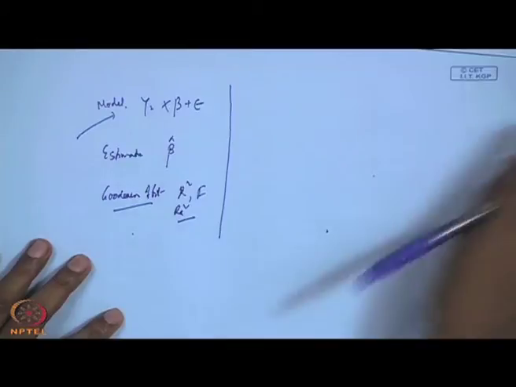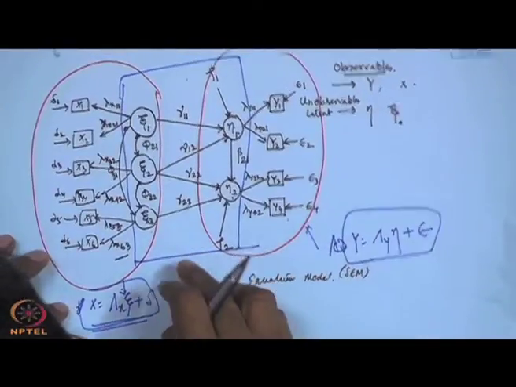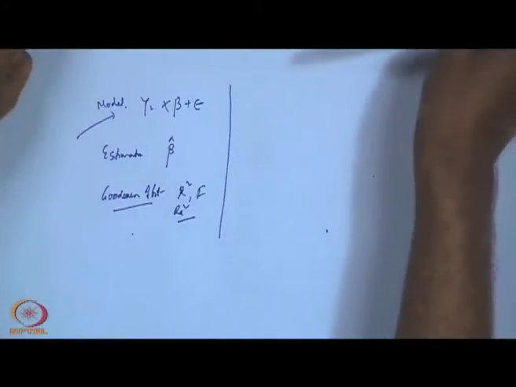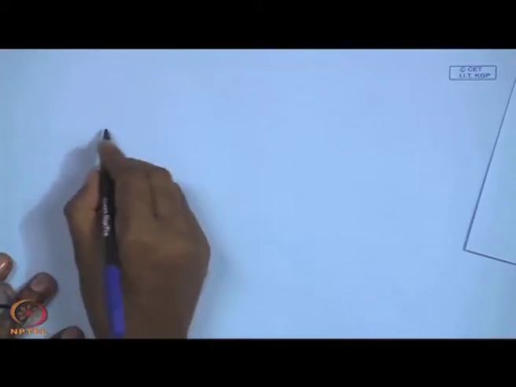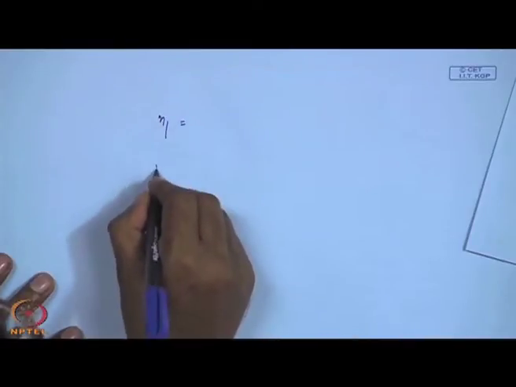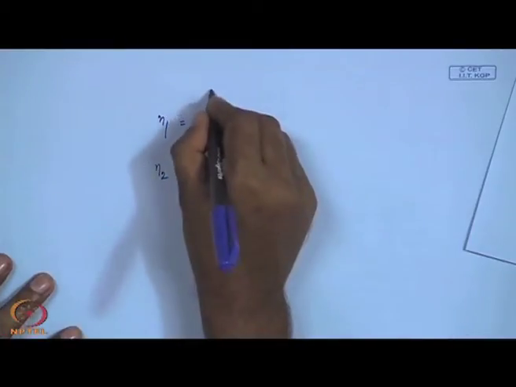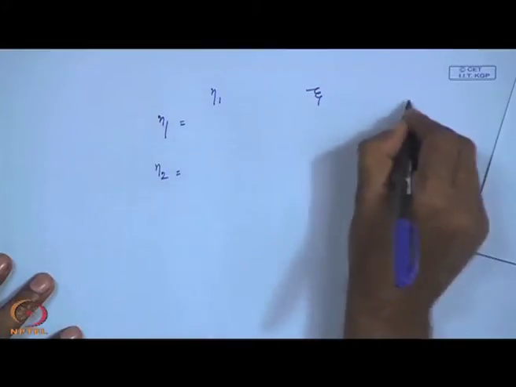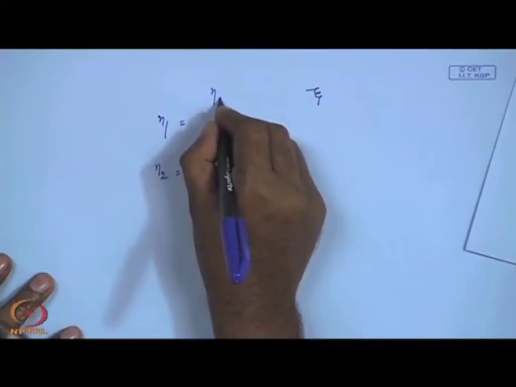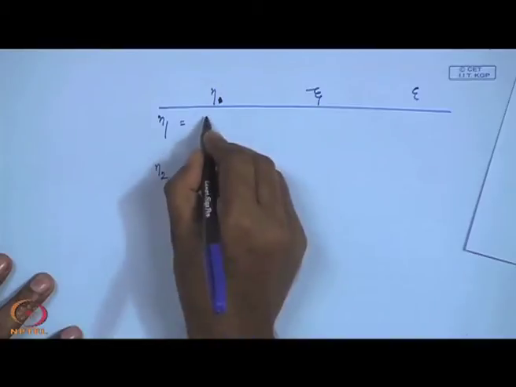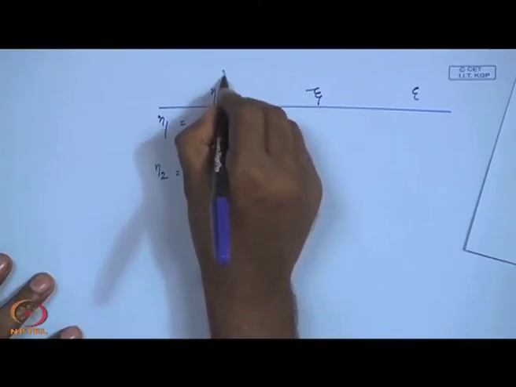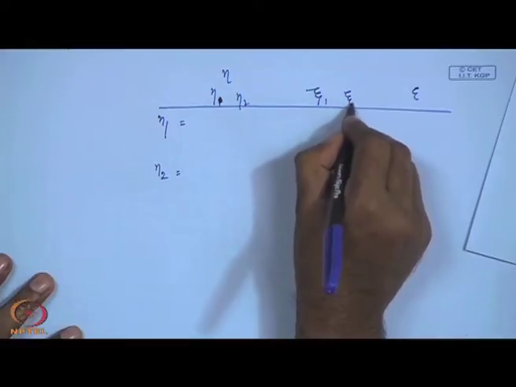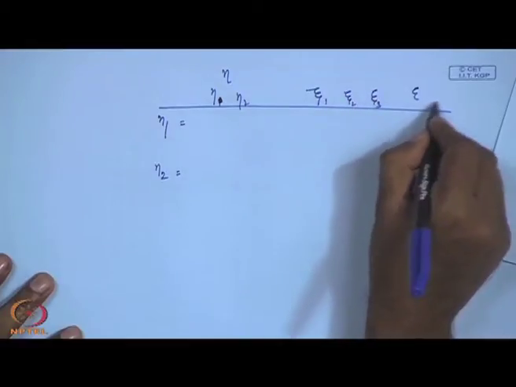So, here also if I see this, my structural equation modeling, then are you not getting a structural equation like this? The equation will be eta 1, eta 2 in this case, and definitely here will be eta 1 and eta 2, and xi and error, that path structure. Under this eta 1 and eta 2, if I write eta here, then xi 1, xi 2, xi 3, all those things.